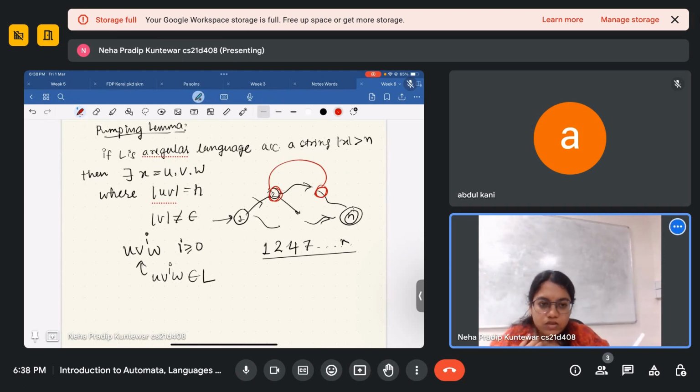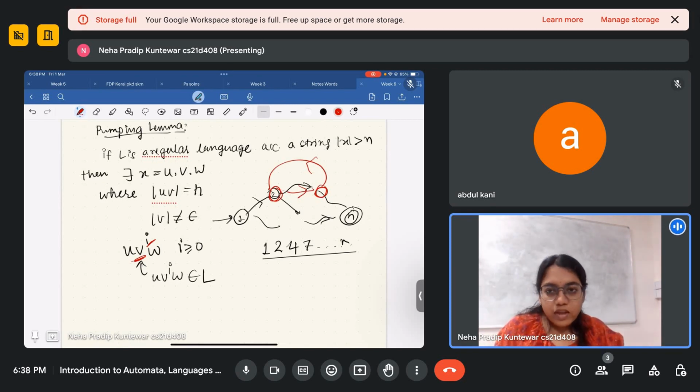If the loop is there, then you could have gone around that loop as many times as you want. So v to the i is the expression corresponding to the loop, and what it says is that if you ever repeated a state, then you could have repeated it as many times as you want. So that is basically the statement of the pumping lemma.